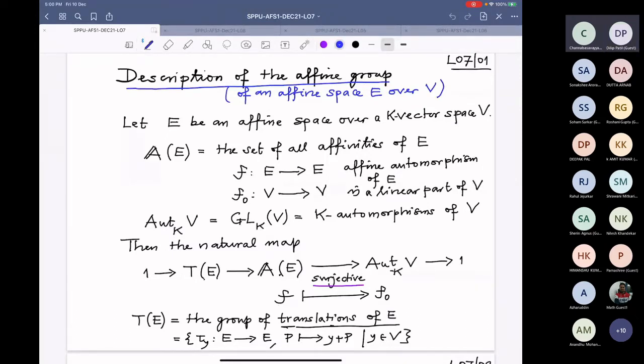There is a linear part, and if you fix one point and do everything with respect to that fixed point, the origin is fixed, then it is essentially V. But V has a fixed origin that you cannot change.